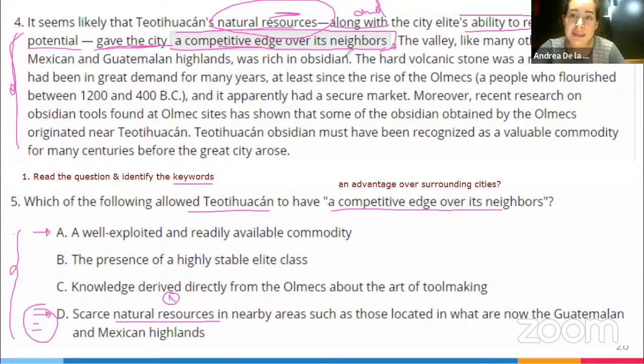Besides the fact that we're missing this second thing, in order for this to be the answer, not only should it contain the answer, but it should be correct, right? It has to be the answer and it has to make sense. I mean, everything that is said here has to make sense. So first of all, were those natural resources scarce?